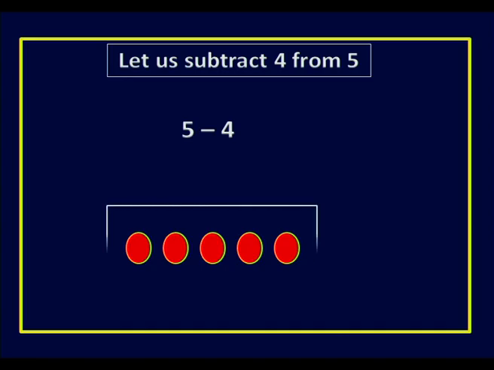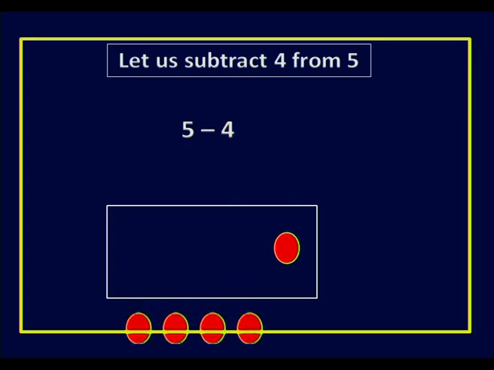So, from these 5 red coins, we are going to subtract 4 red coins. That means we are going to remove 4 red coins. So, what happens? Yes, we are left with only 1 red coin. We have already seen red represents a positive number. So, since only 1 red coin is there, it means it is plus 1 or simply 1. That means, 5 minus 4 is equal to 1.